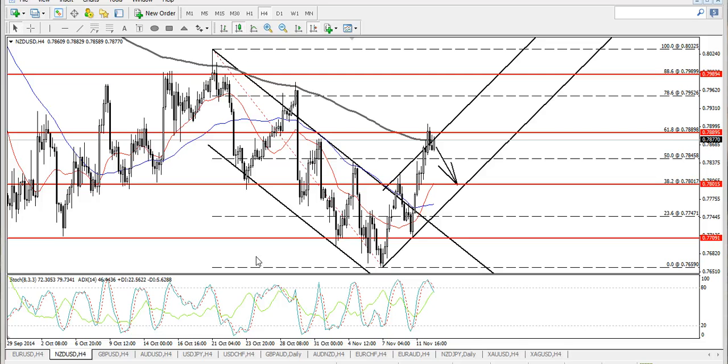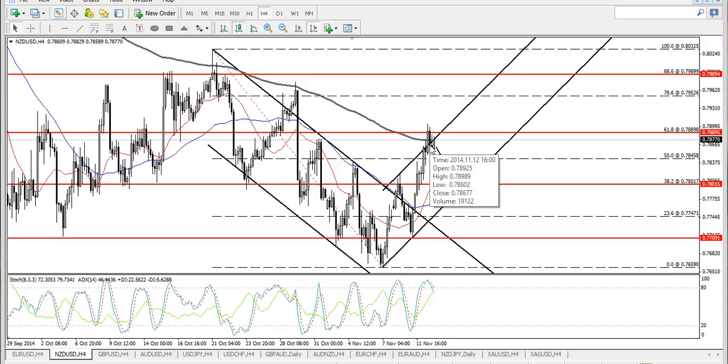Next we have the New Zealand dollar against the US dollar. Price has retraced further as it gains and touches the retracement level of 61.8%. It got resisted over here and attempted to fall, but it seems that the strength of the bear is not that strong.